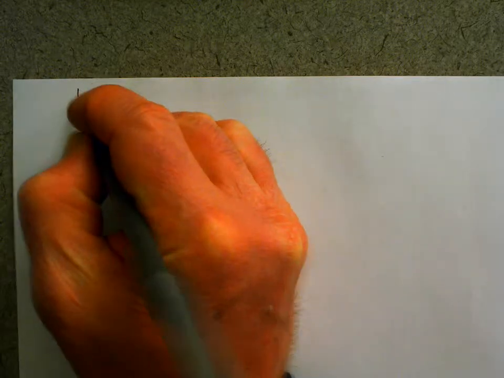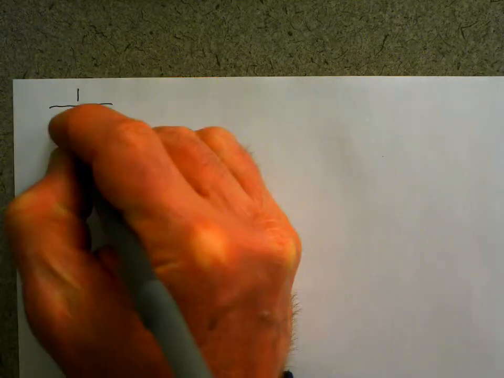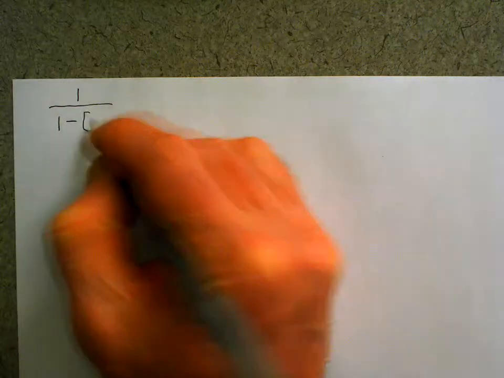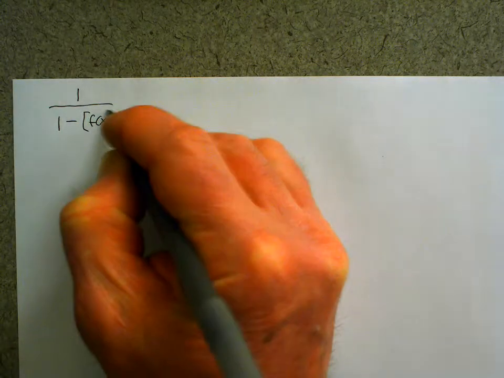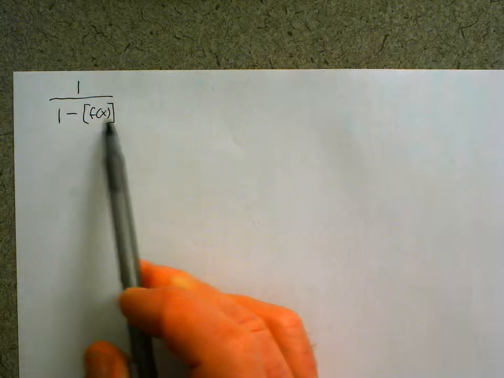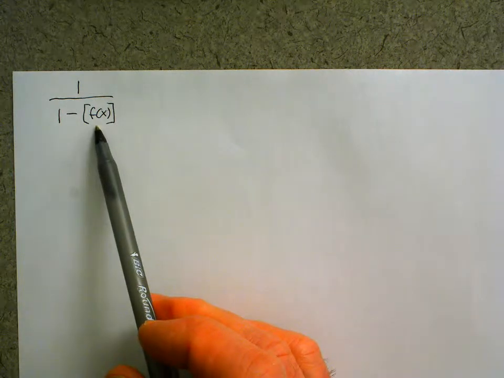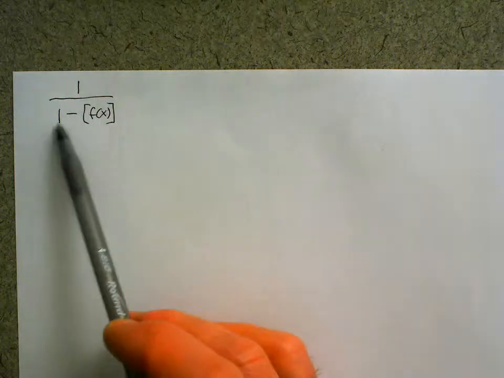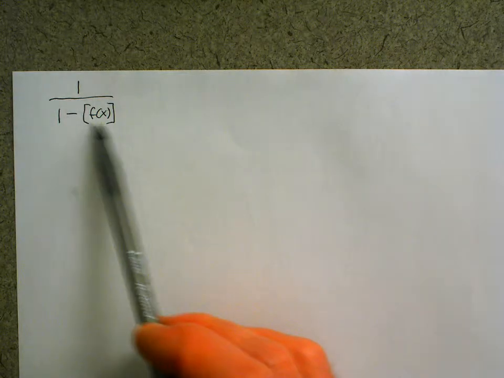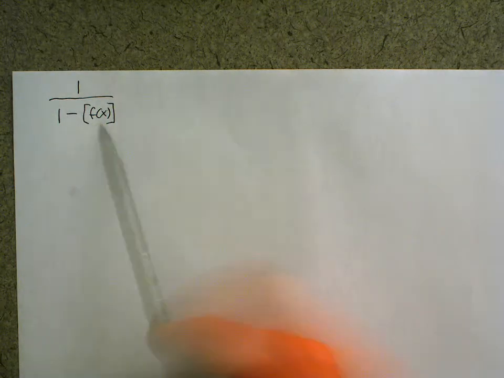Suppose we have 1 divided by 1 minus a function f of x. I don't really need to put the brackets around f of x, but I just wanted to make sure that the denominator is 1 minus a function f of x.